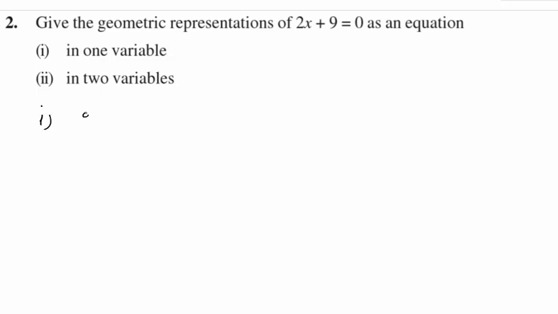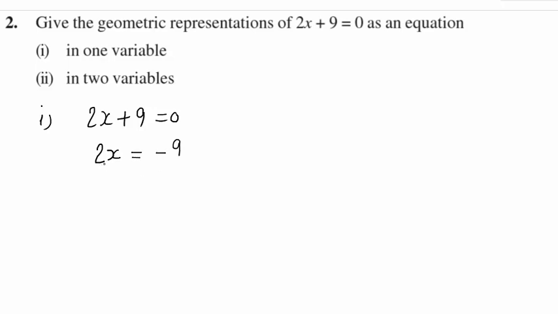So first of all, 2x plus 9 equals 0. When we take this plus 9 to the right hand side, it becomes minus 9.